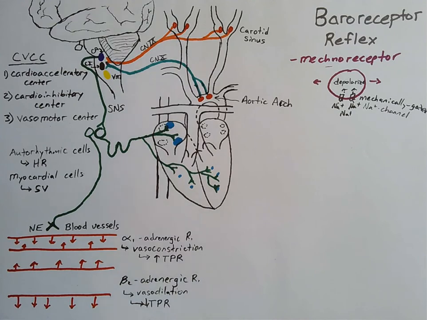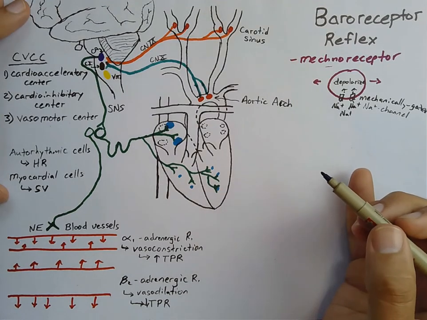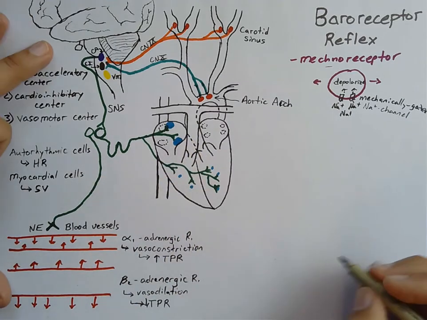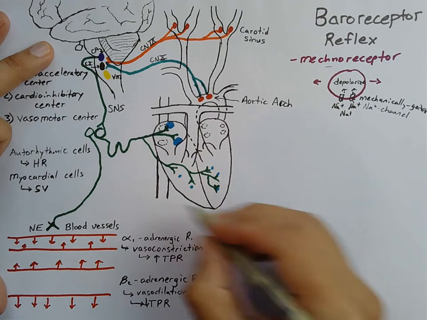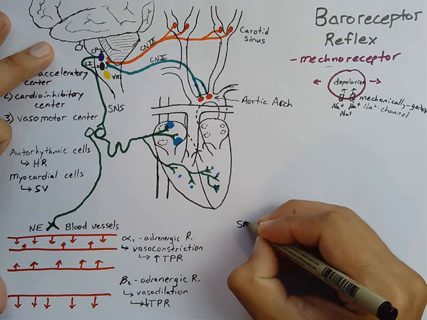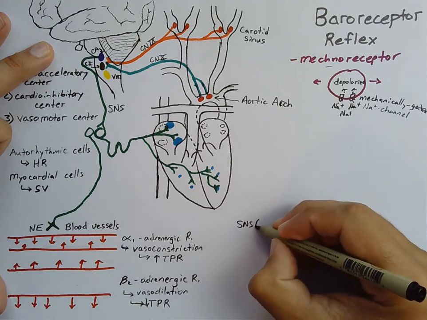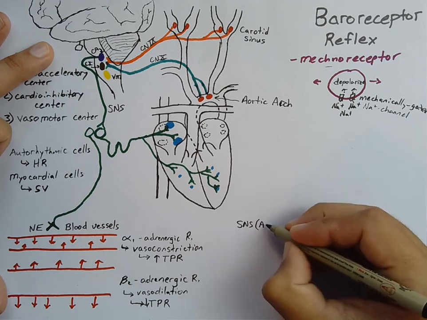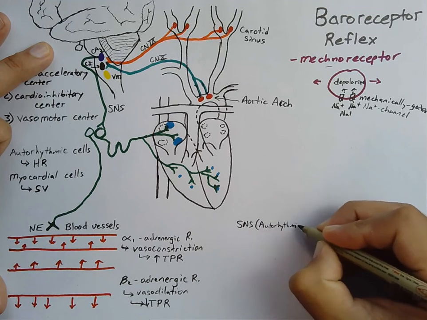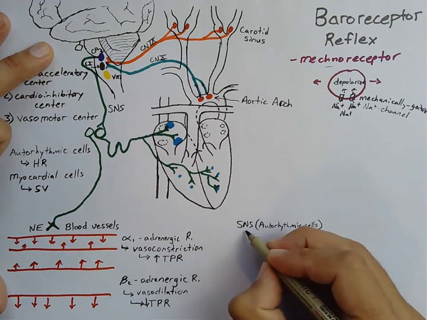Cool. Now, in relationship to this sympathetic stimulation of the heart, let's go ahead and go down here and summarize that real quick. So if we end up with sympathetic stimulation, so sympathetic nervous system on autorhythmic cells, then what we're dealing with is the sympathetic nervous system.